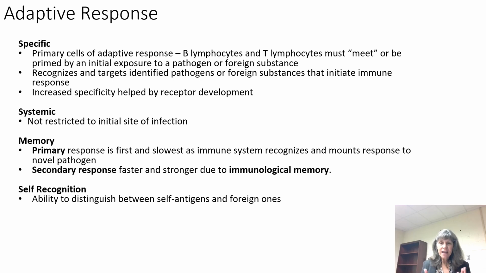So if we look at the adaptive response, we can see that in being more specific, there are primary cells involved in this adaptive response, which include B lymphocytes and T lymphocytes, which have to be exposed to or primed by an initial meeting with a pathogen or a foreign substance.